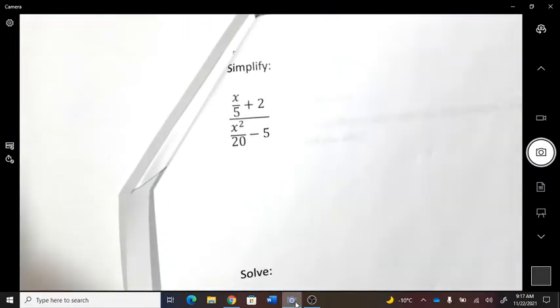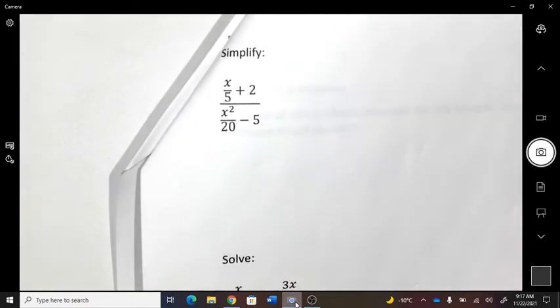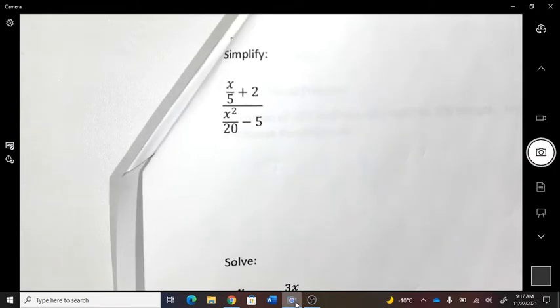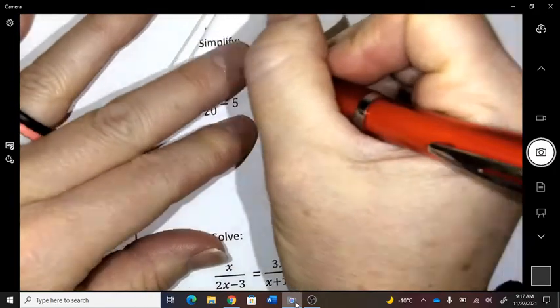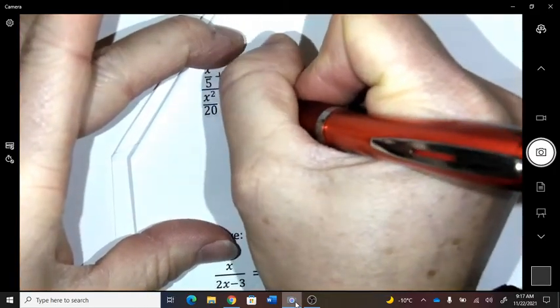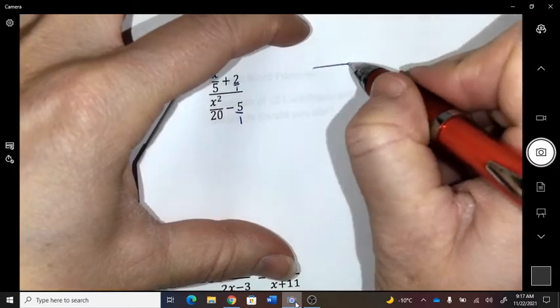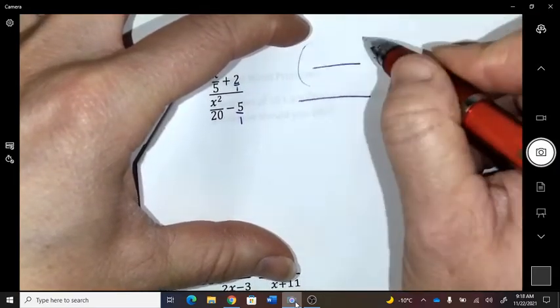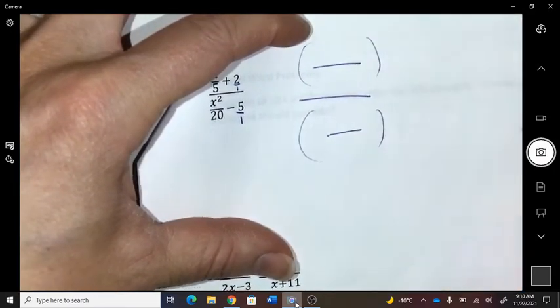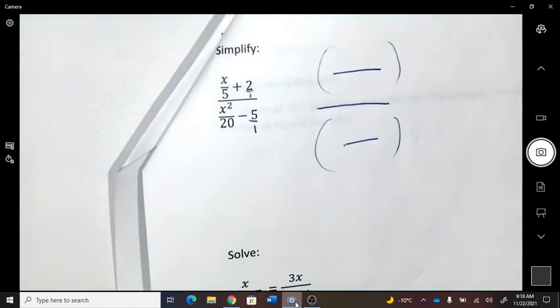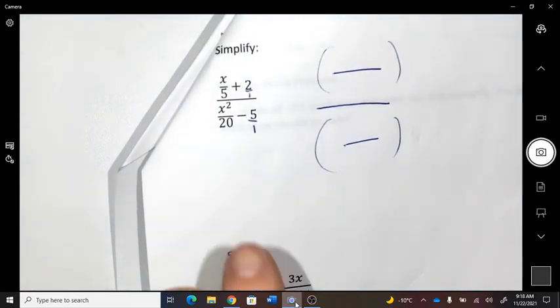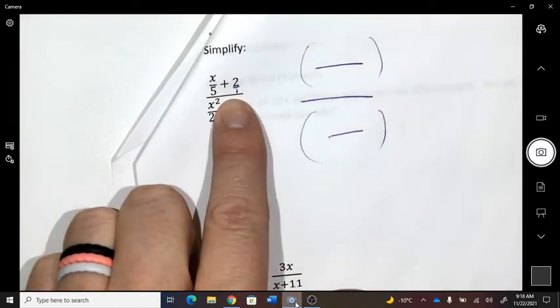Okay, complex. Okay, I'm just going to write this as an over 1 and this as an over 1. Okay, there's a 5. Here's a 1.